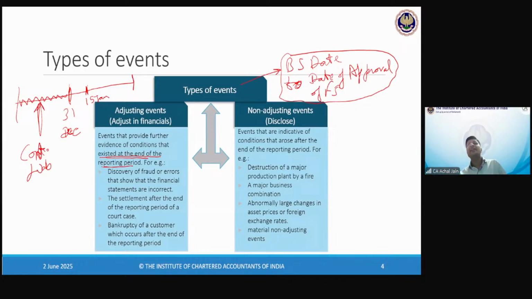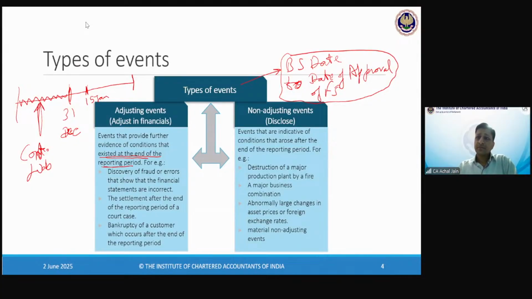So if the company has lost the case, what is required then? The company will have to create a provision if the provision is not already created, or create full provision if the provision is partly created. Yes or no? Book the liability. Yes or no?